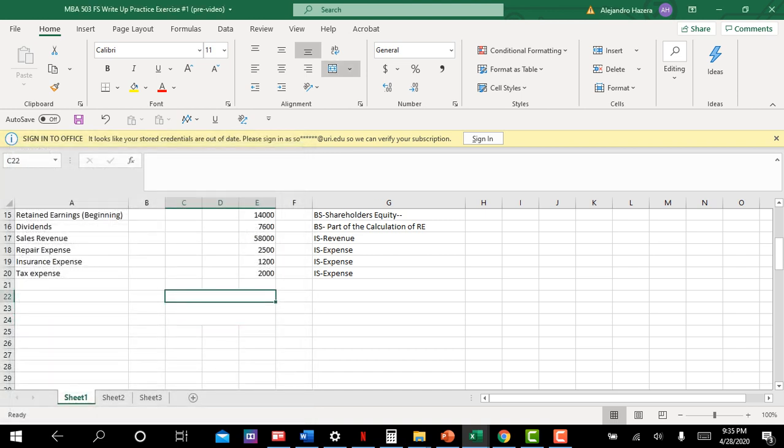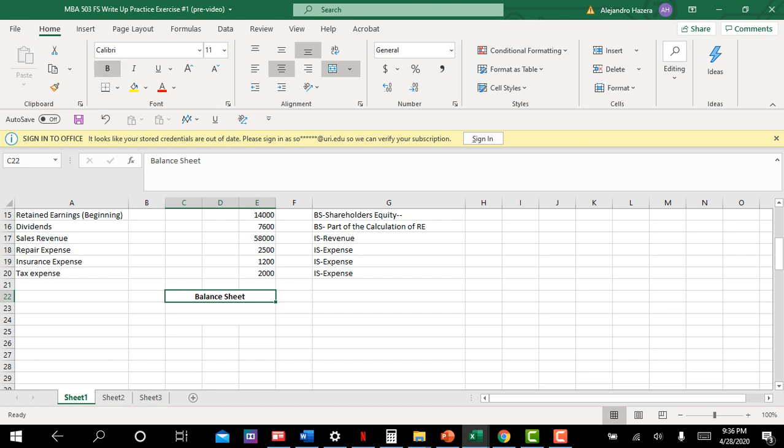Okay, so the first thing I'm going to do is put right in these three spaces, I'm going to write balance sheet. And let's pretend that the balance sheet is as of... And what should I call this company?